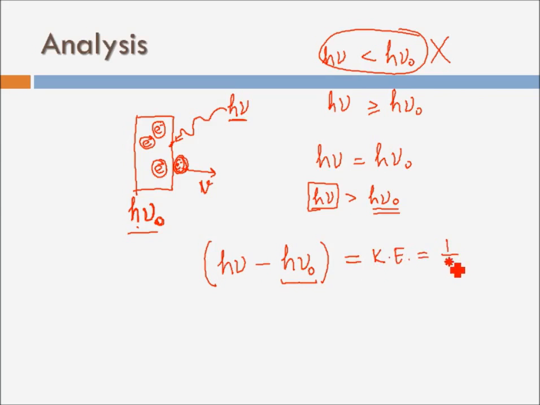So the kinetic energy of the electron is half multiplied by the mass of the electron multiplied by the square of the velocity of the electron. From here you can also calculate the velocity of the ejected electron. If h nu is equal to h nu naught, then the velocity will be 0, but if h nu is greater than h nu naught, then you will get some value of velocity which you can very easily calculate.